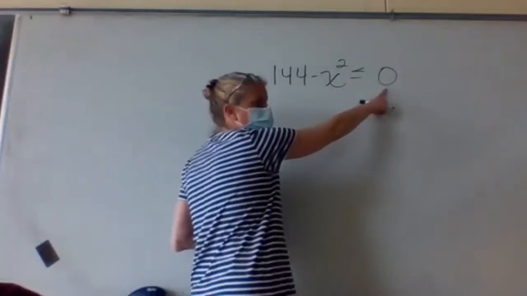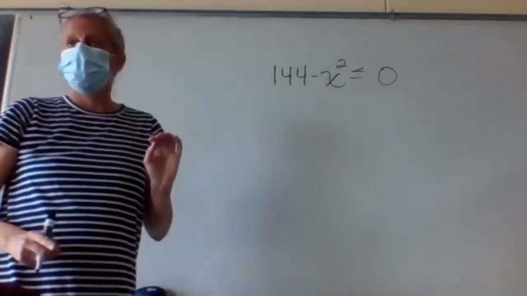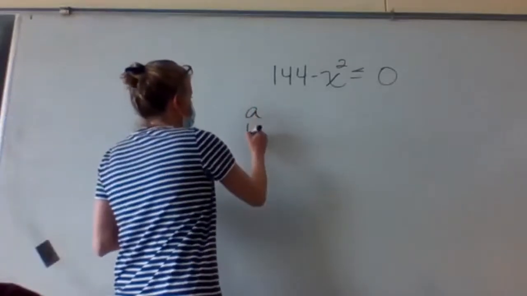So it's already set equal to 0. So that step is done. I can go ahead and pick out my A, B, and C.